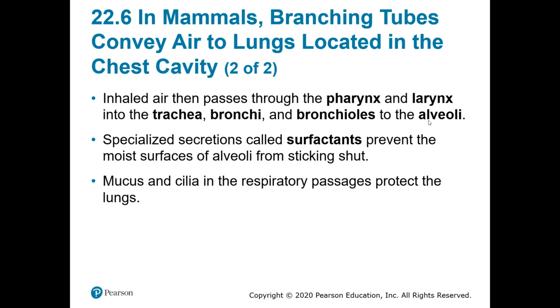All right. Now, mucus and cilia in the respiratory passages protect the lungs, and that allows us to catch bacteria and pathogens like viruses and things before they get down into the lung. Remember, we're exposing ourselves to the outside world by breathing in. We need a mechanism to keep those pathogens and things from trying to get into our body.